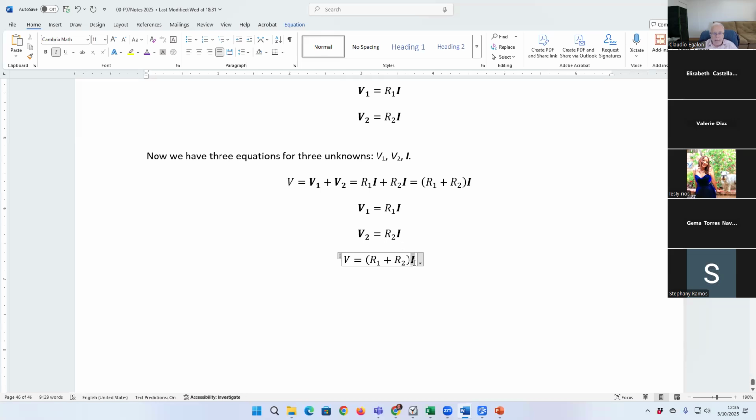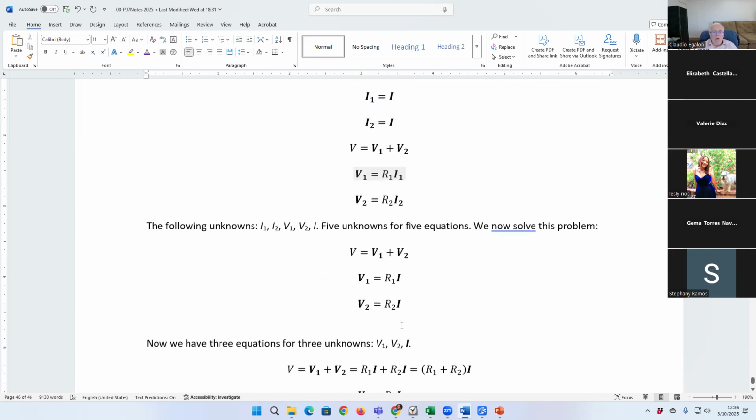And we can solve for I. What were 3 equations now became a single equation with a single unknown, right? And the unknown is I. So to finally solve the problem, we have I equal to V divided by R1 plus R2. Like that. We're done solving the problem with 3 resistors.